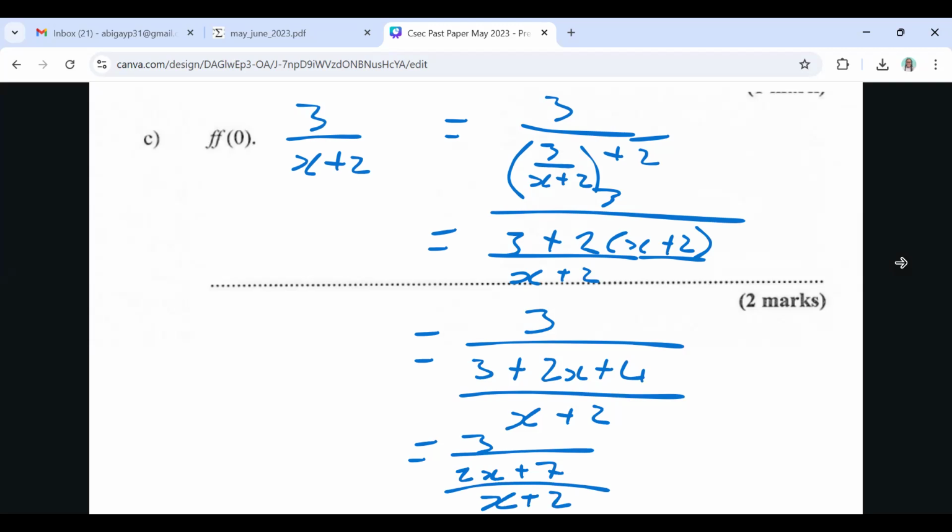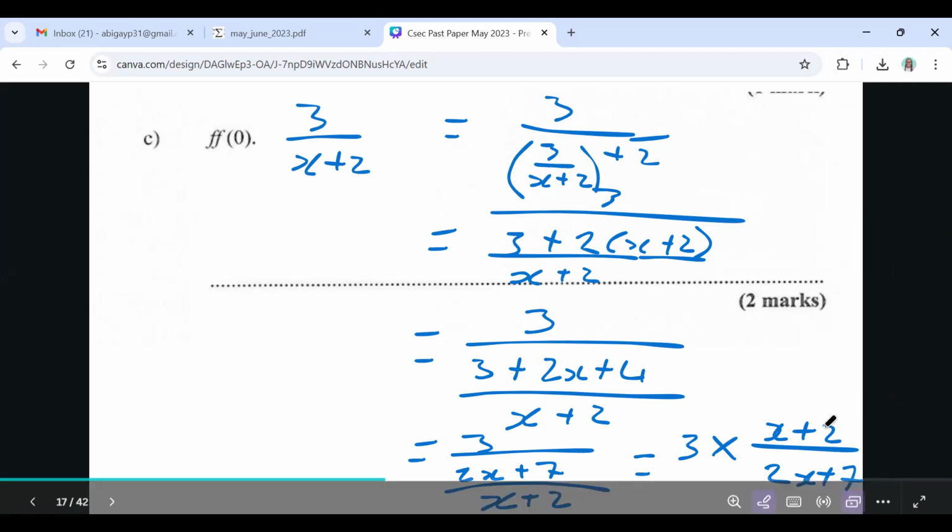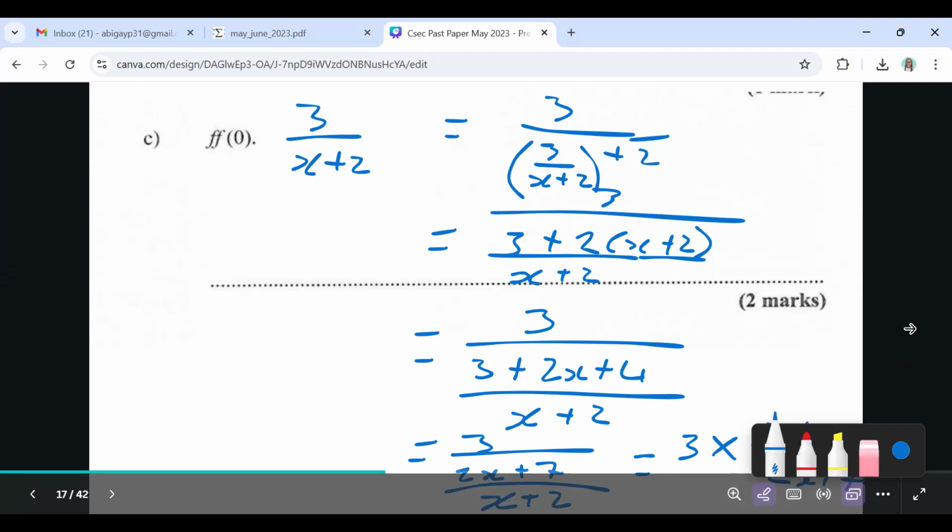If we want to simplify it further, we can flip it. So we can say 3 times x plus 2 over 2x plus 7. We can leave it as it is right there, or we can go any further. It depends on you.